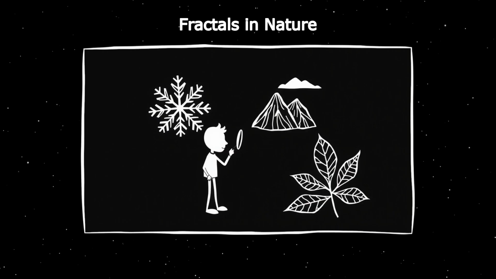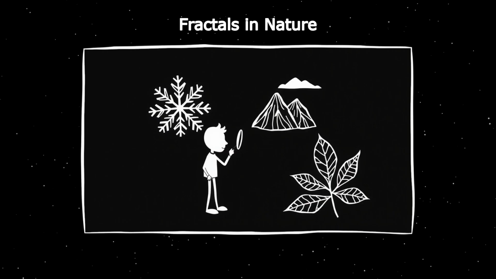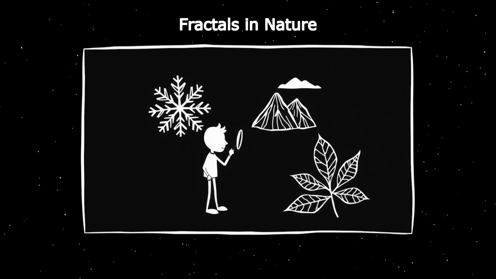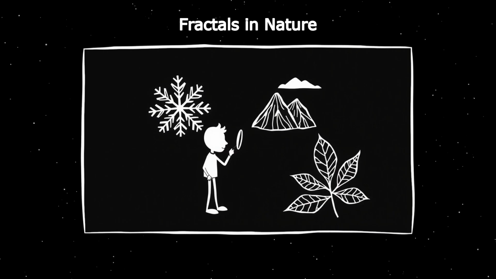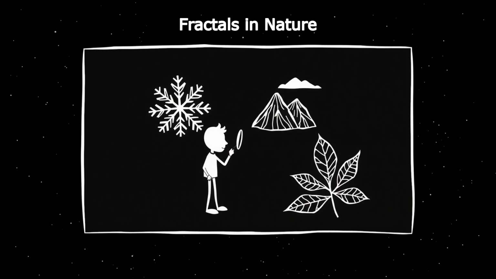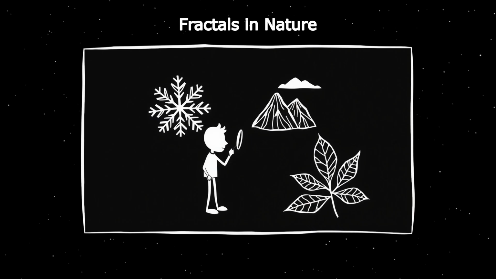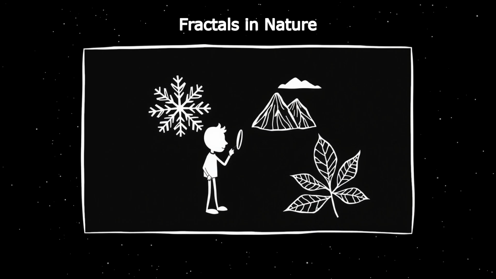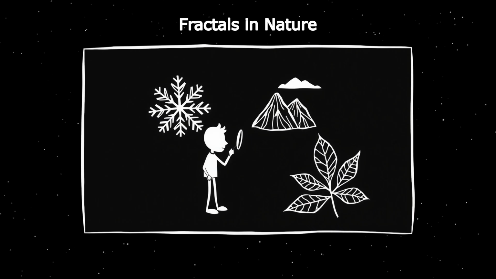One of the most familiar examples of fractals can be found along coastlines. The jagged edges of a shoreline, when observed closely, exhibit intricate, repeating patterns. Each curve and indentation reflects a similarity to larger sections of the coast, no matter how far you zoom in. The more you examine a coastline, the more you notice these repeating designs.